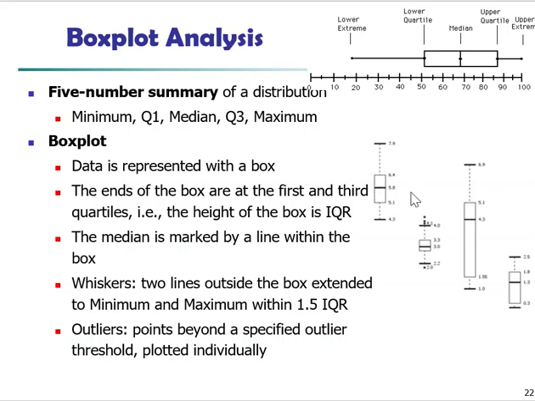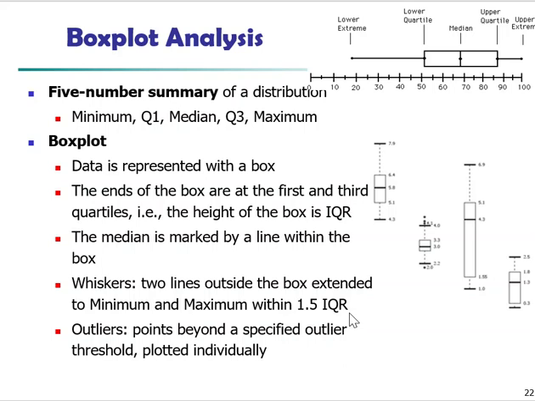But in this representation, this line is called whisker, so whiskers. Those two lines extending outside the box illustrate the minimum and maximum value within 1.5 IQR.